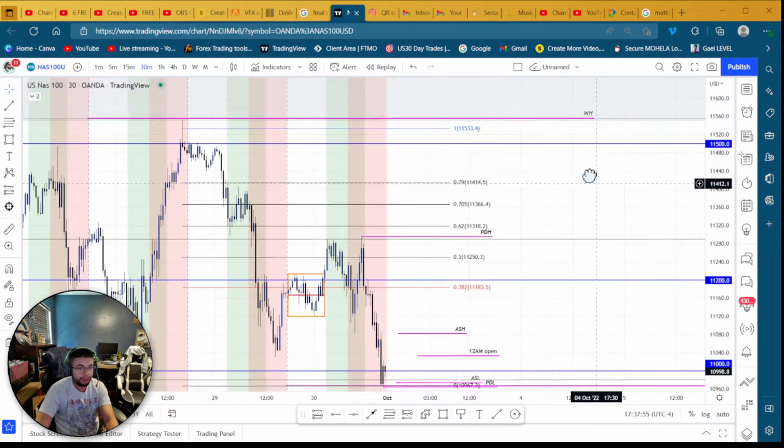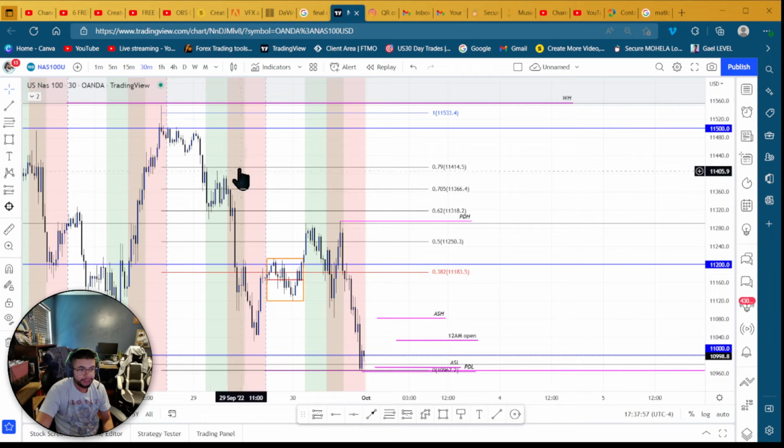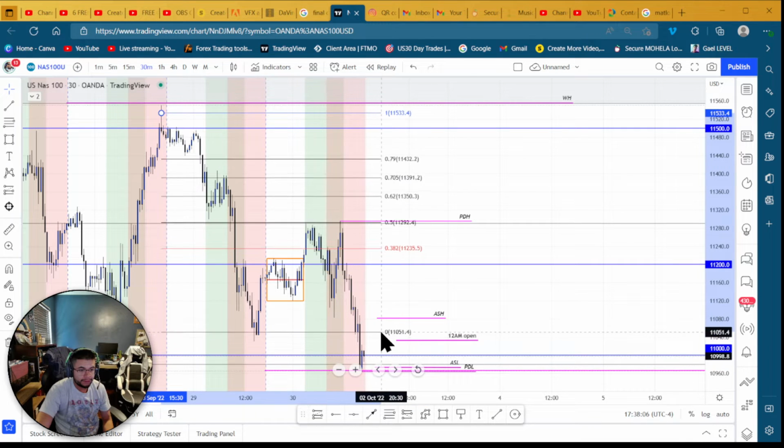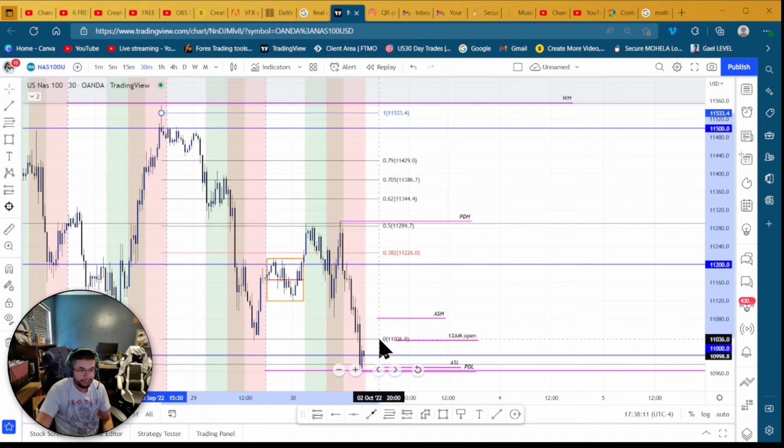On a 30-minute time frame, there's this move that happened, had a retracement. Let's see what happens. It went to the 50%, and then it had its major fall.